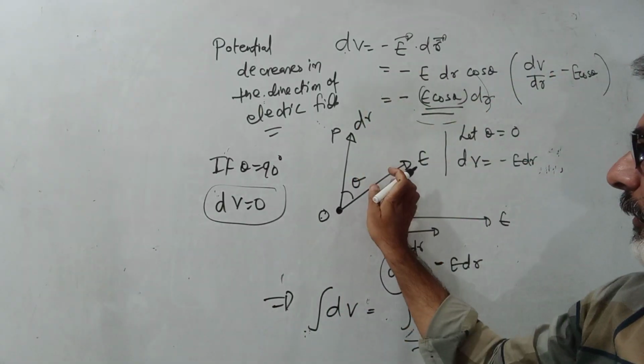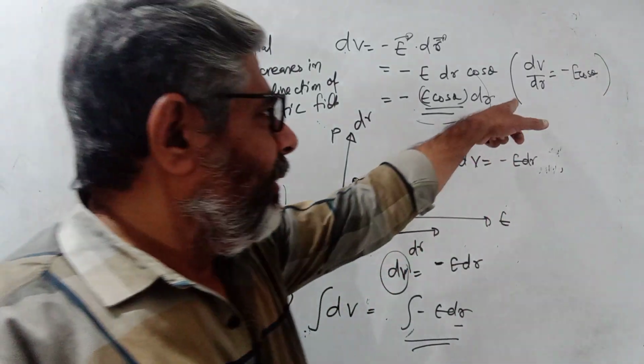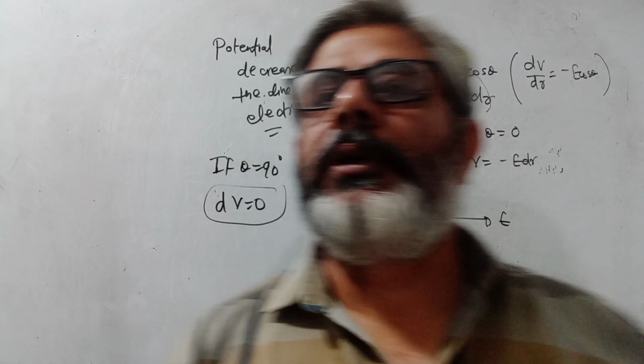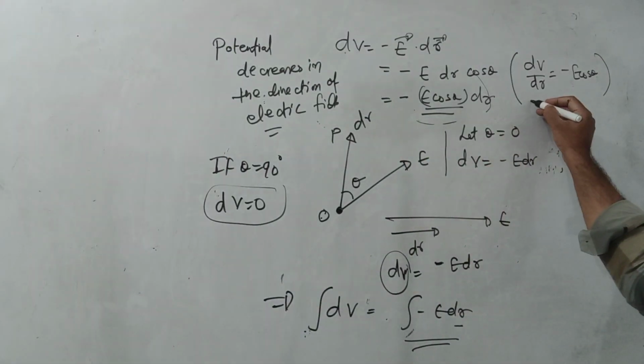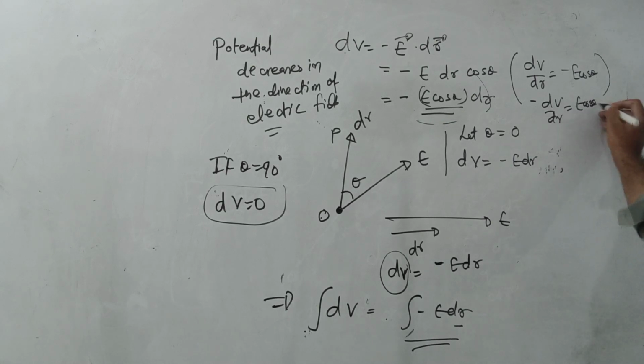Once again, E cos theta, as I said before, so minus dV by dr is E cos theta, and dV by dr is minus E cos theta. So you can also write it as minus dV by dr equals E cos theta.